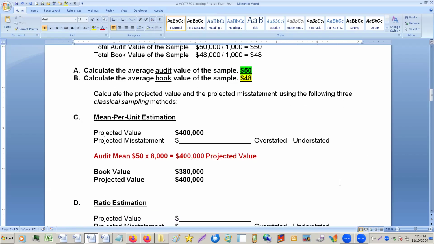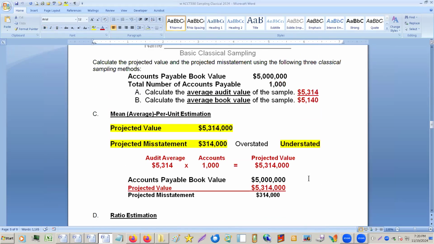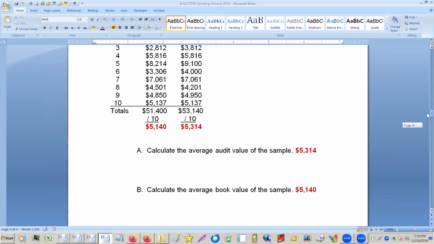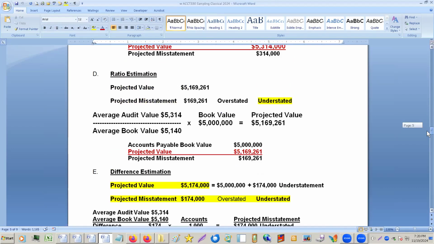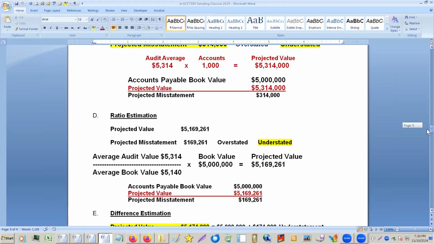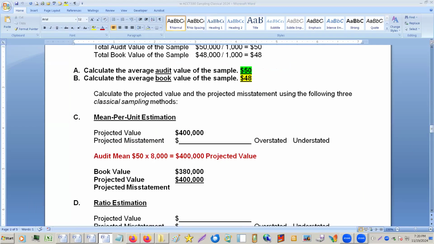Okay, so the projected misstatement is, wait a minute, I've got to look at this again. Okay. So the projected misstatement is what, 20,000?